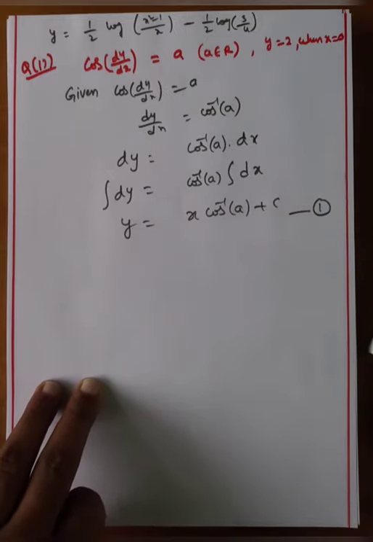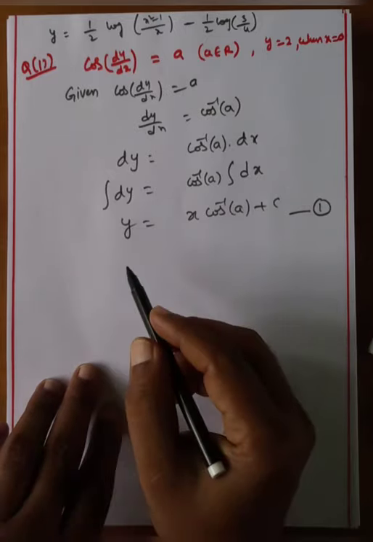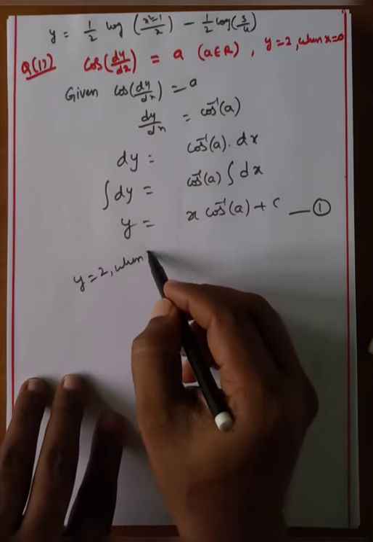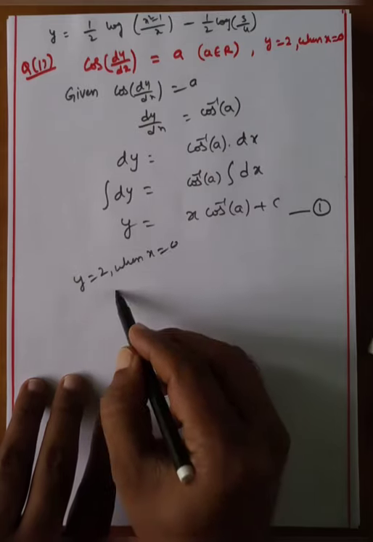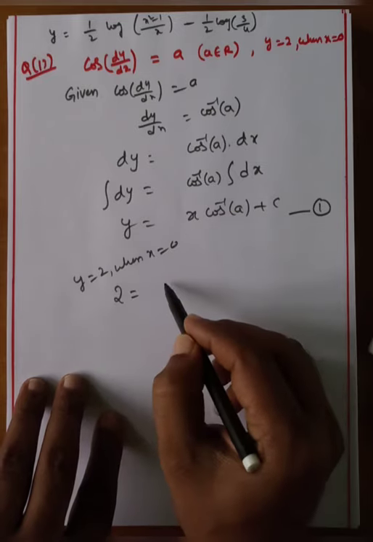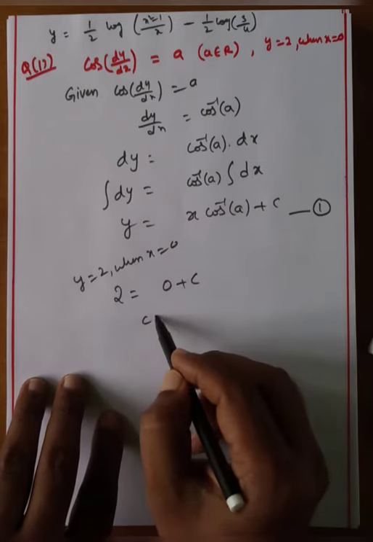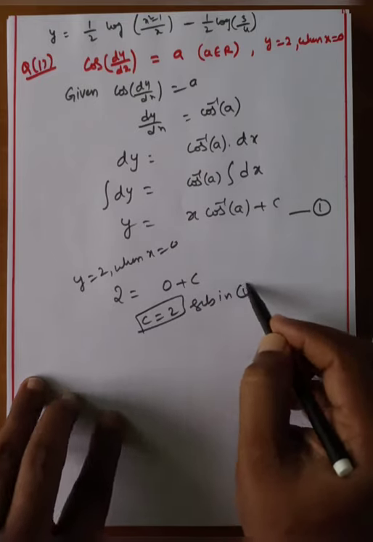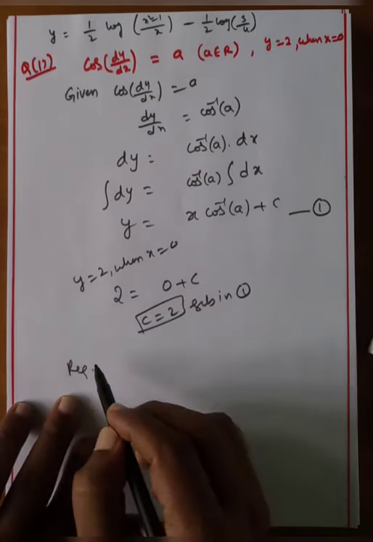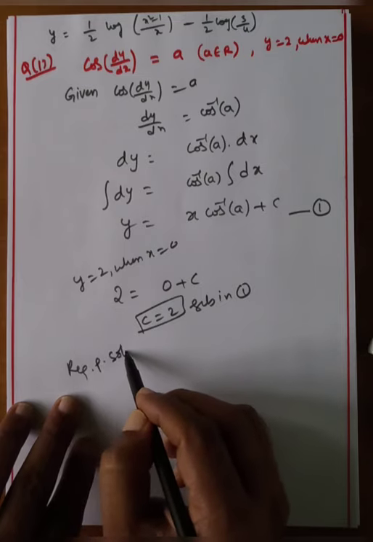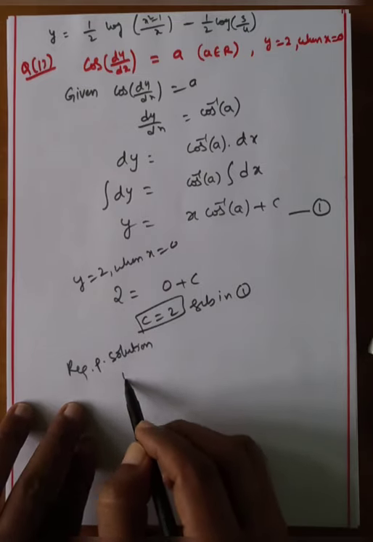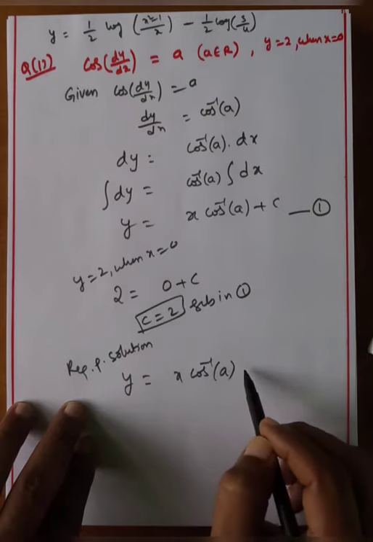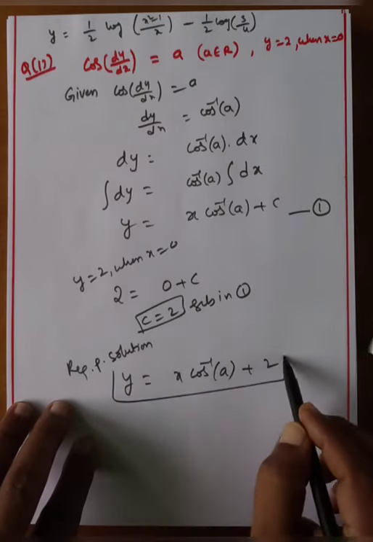You can find the value of c: when x is equal to 0, y is equal to 0, substituting, 0 plus c, therefore c is equal to 2. Substituting in equation 1, the required particular solution is y is equal to x cos inverse of a plus 2.